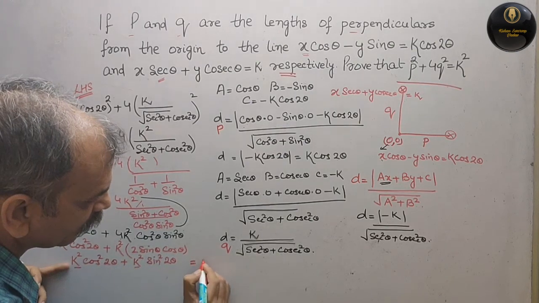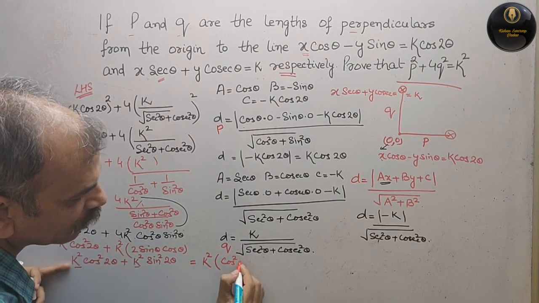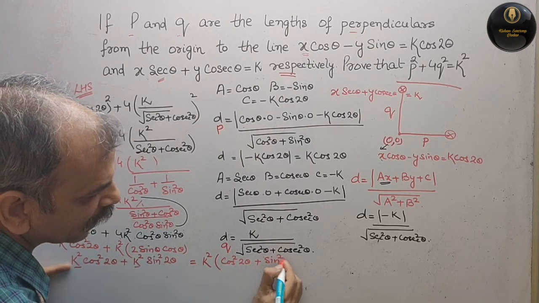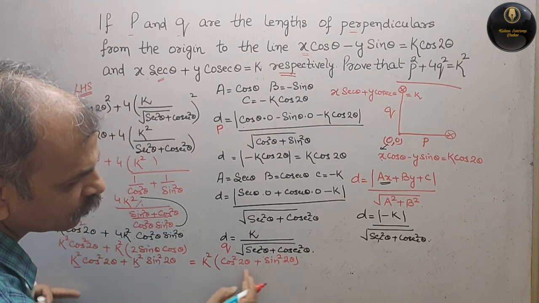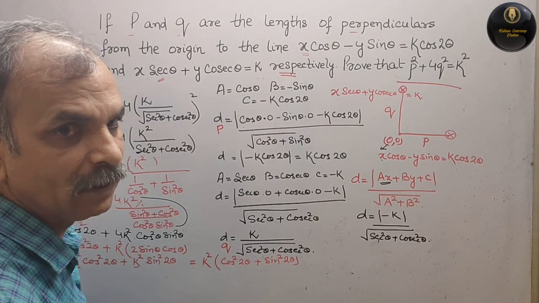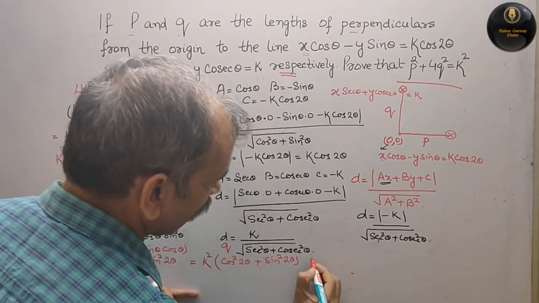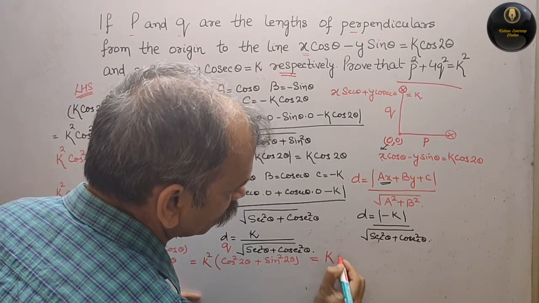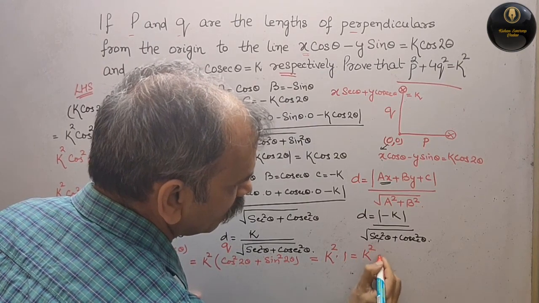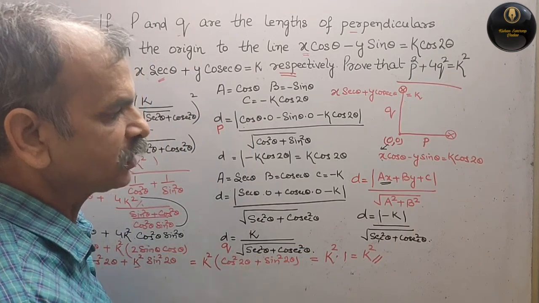We will get k square times cos square 2 theta plus sin square 2 theta. If you take 2 theta as A, cos square A plus sin square A is 1. So that is equal to k square into 1, which is equal to k square. Hence proved. Okay, so you have to do it this way.